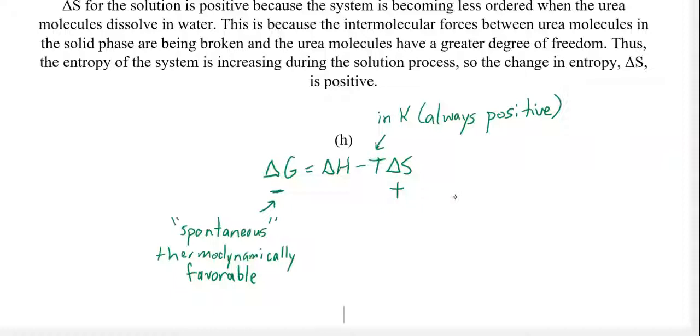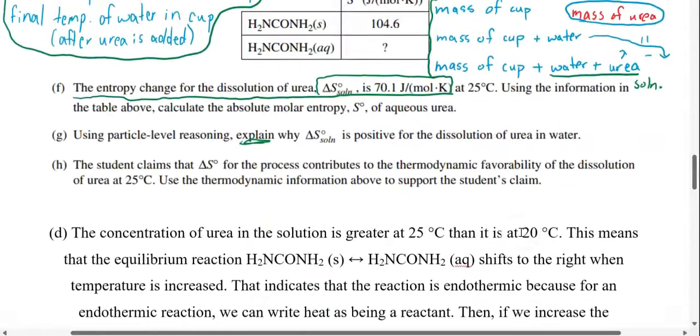If delta S were negative, then we would be subtracting a negative number, which would be making delta G more positive or less thermodynamically favorable. So that's basically what I'm going to describe.